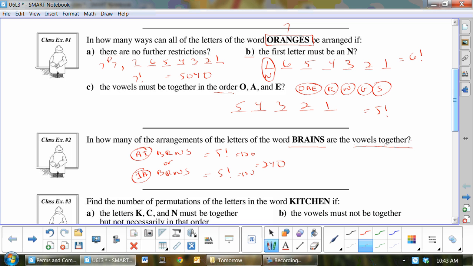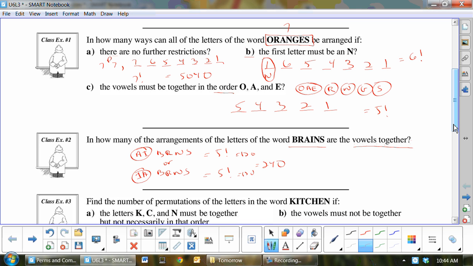Because with two of them, I would have 2 arrangements. If I had 3, how many arrangements would I have to do? If there was 3 letters, A, I, and E, how many different? 6.